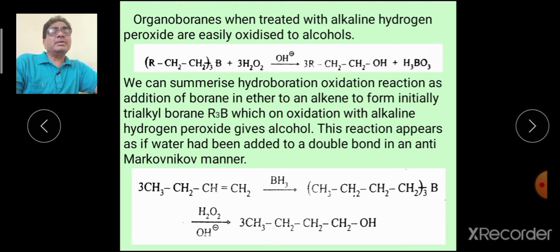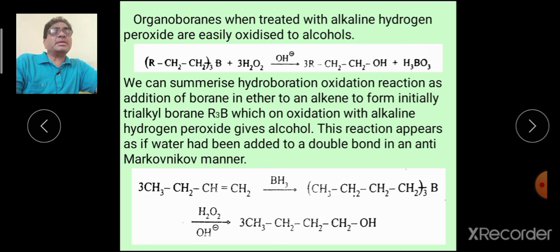Now we can summarize the hydroboration oxidation reaction as addition of borane in ether to an alkene molecule to form initially trialkyl borane, that is R3B, which on oxidation with alkaline hydrogen peroxide, the reaction is shown above, gives alcohol.